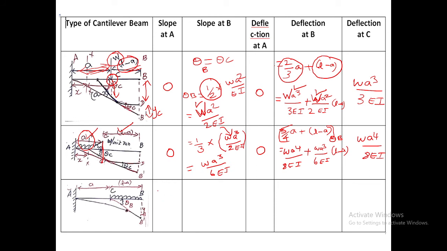So next one is uniformly distributed load minus uniformly distributed load for some distance only. Slope at A is 0. So the remaining is free, so 0.